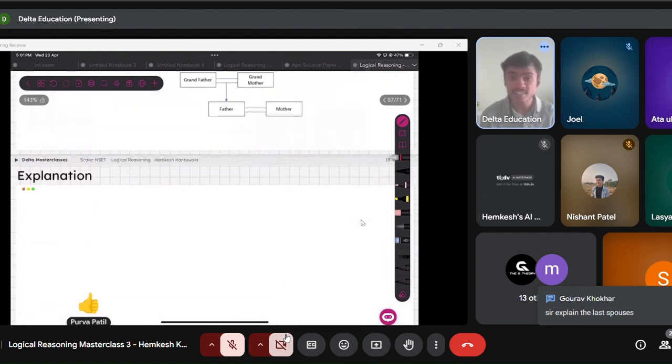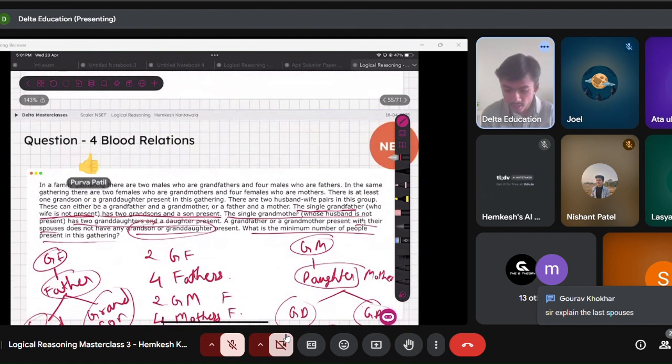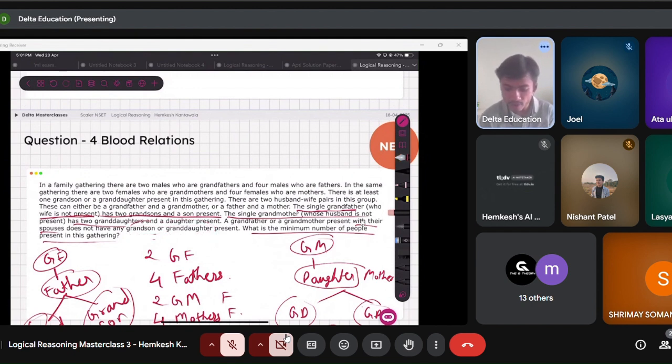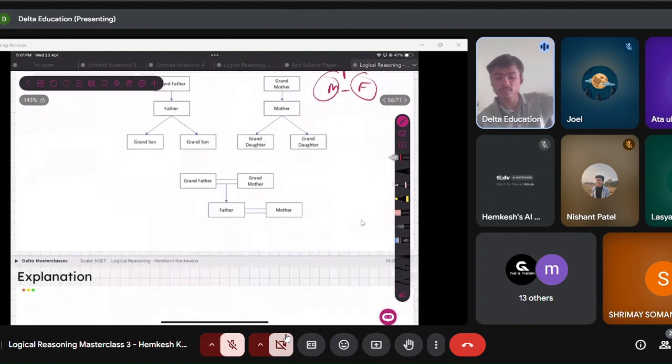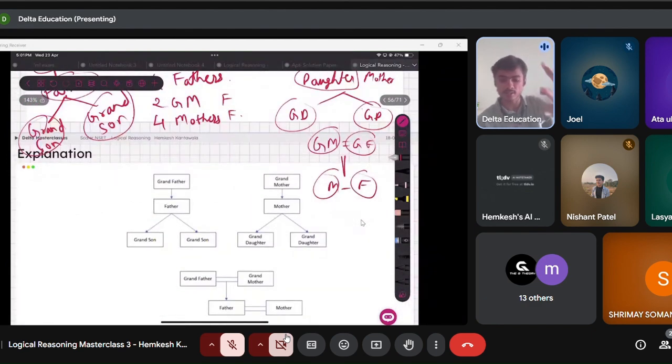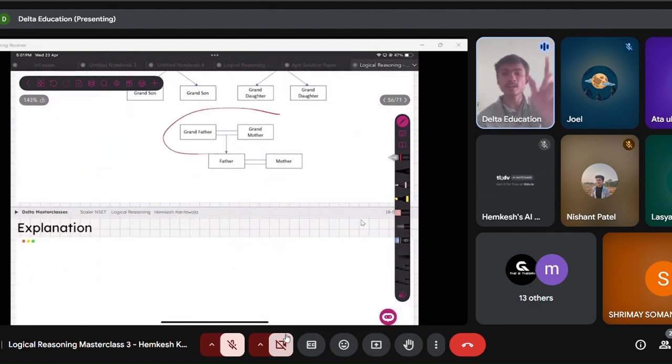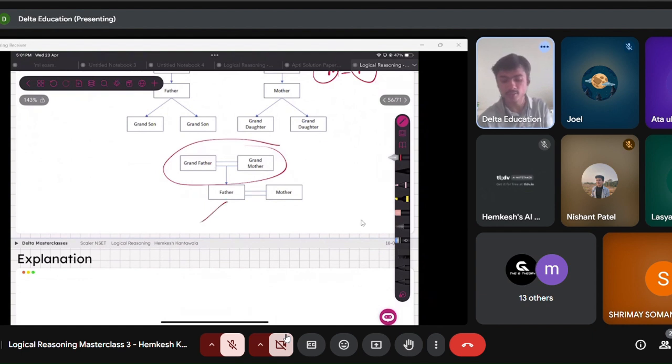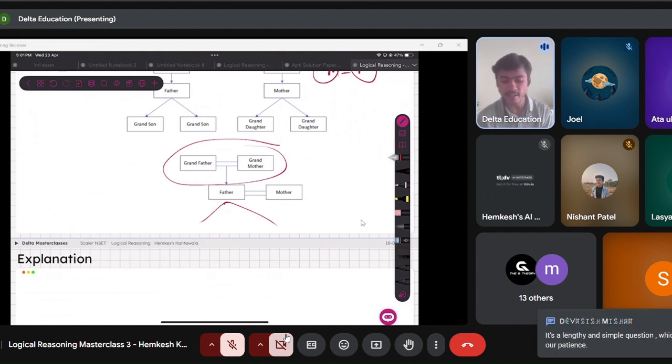So the last statement, see what it says. A grandfather or a grandmother present with their spouses does not have any grandson or granddaughter. So there is a grandfather, the last one, present with their spouse, meaning they have a husband-wife pair, but they are not having any grandson. So their sons don't have sons, okay.